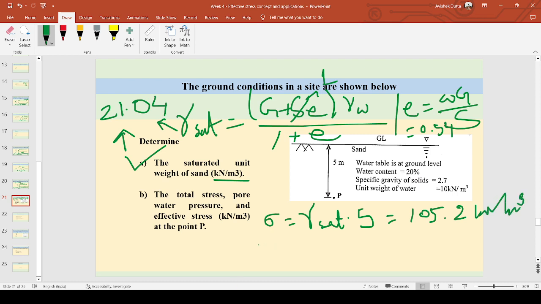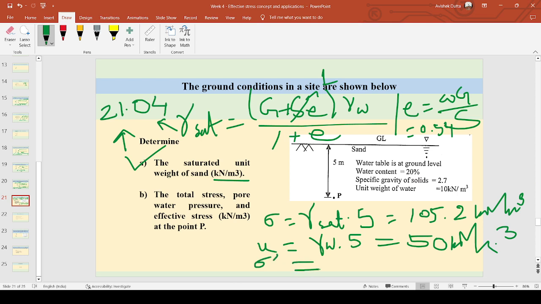What is the pore pressure? That is U. U is gamma W into 5. That is 10 into 5 equals 50 kilonewton per meter square. And hence effective stress will be equal to how much?